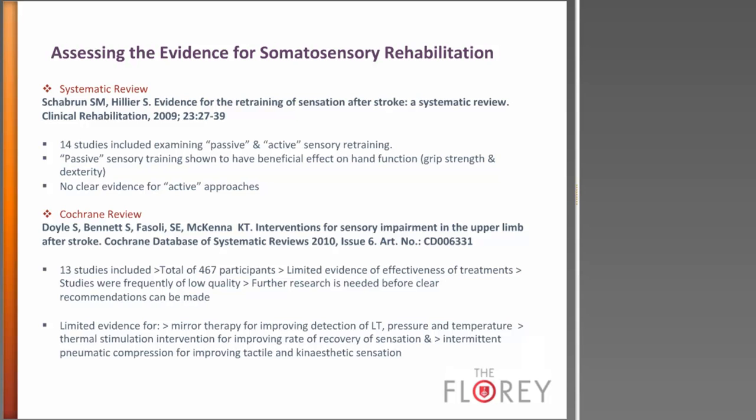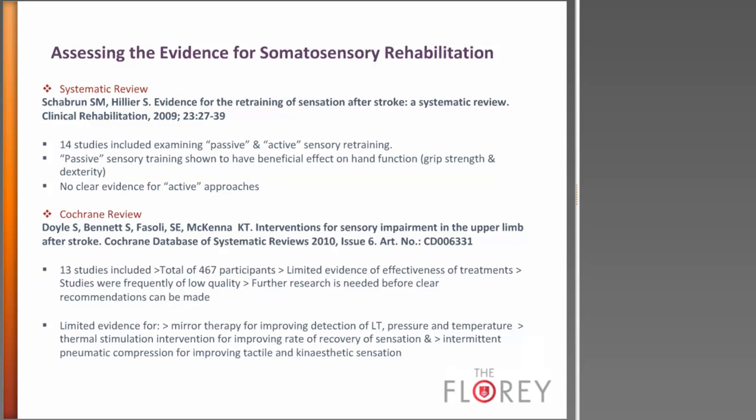So it is things like electrical stimulation, whereas the active training was conceptualised as exercises or retraining programs that involve some perceptual learning. So there was no clear evidence for the active approaches. Some of the passive approaches were shown to have beneficial effects on hand function, so grip, strength and dexterity, but it was still stated that due to the heterogeneous nature of the studies that no firm conclusions could be drawn.